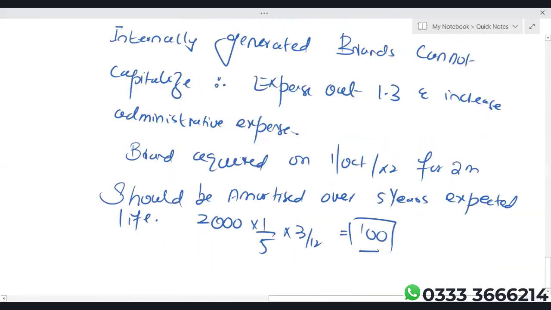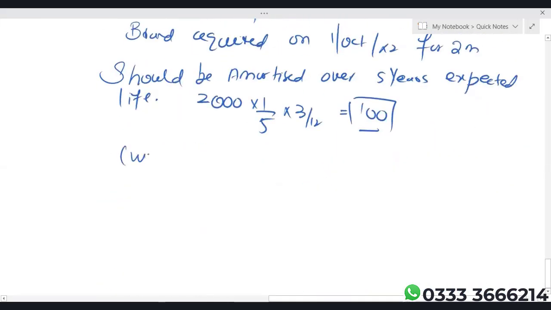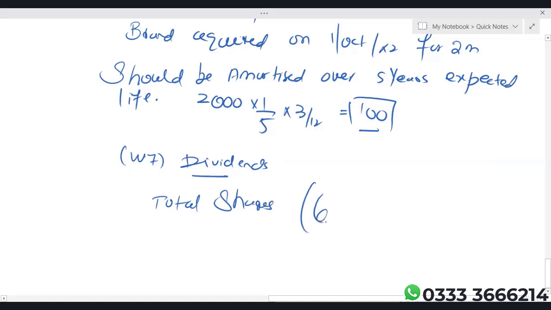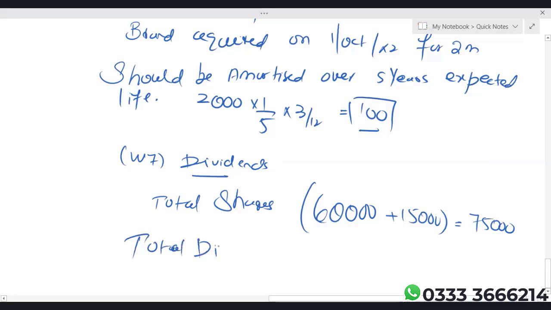So working 7. Dividends, total number of shares. Of course, before the right, there are 60,000 shares, plus they have issued the right as well. Obviously, the dividend is paid after the right issue. So the total number of shares is 75,000, which means total dividend is 75,000 into 0.04.